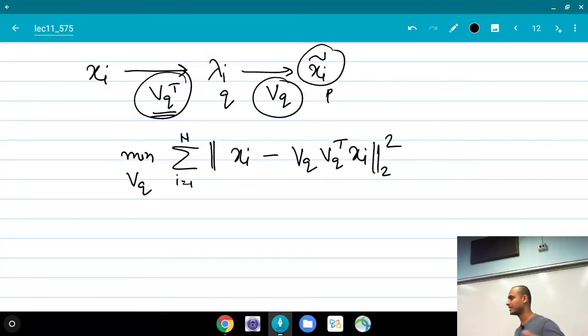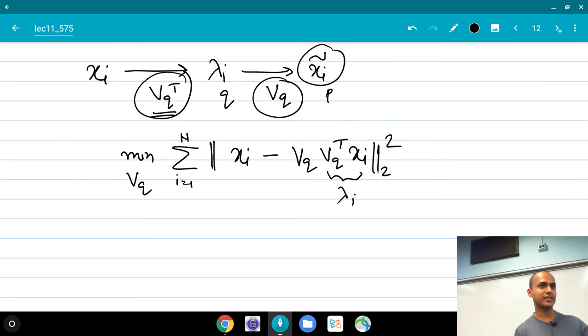All I'm saying is I had to prefer some reduction matrix, some transformation matrix, right? So this is lambda i, and if I project lambda i back to P dimensional space, I get X tilde i, and I want to minimize the reconstruction error. So I want to reduce the dimensionality and get a Q dimensional representation such that when I go down and go up, the reconstruction error is as low as possible.